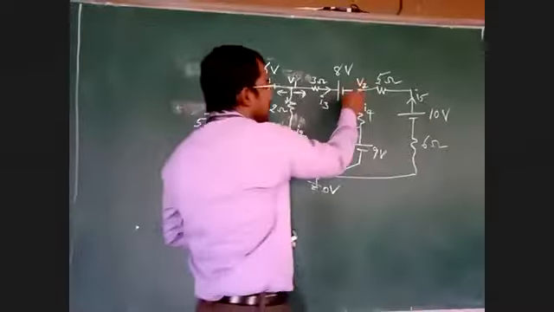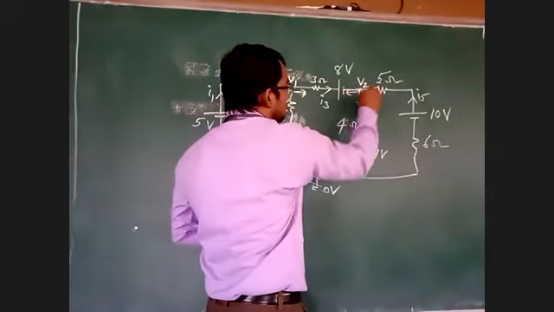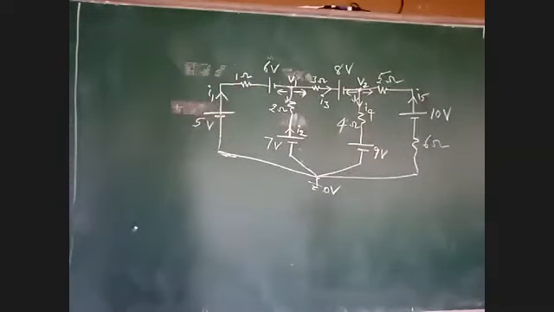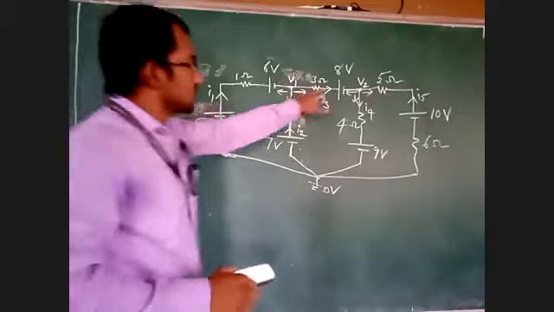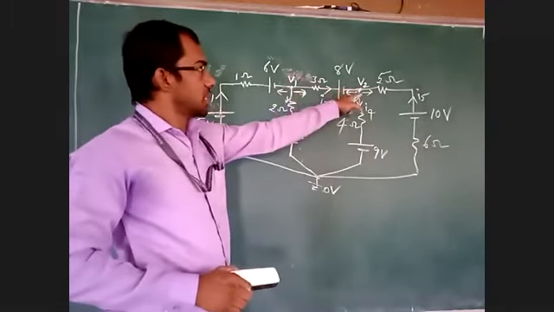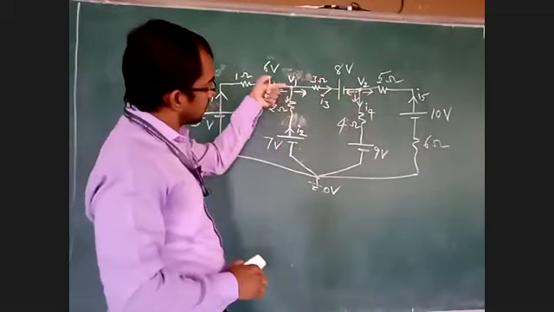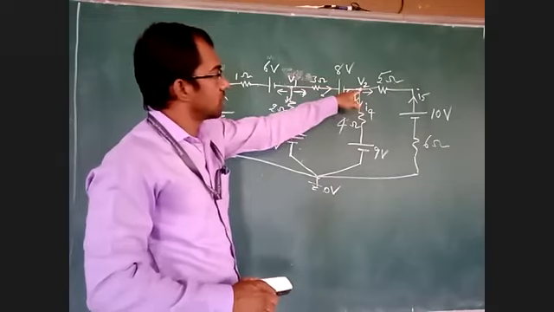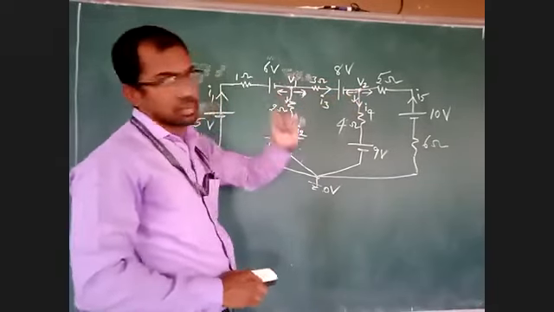Now come to V2. Assume here also all the currents are leaving from the node point. Now this branch is connected between V1 and V2, and this arrow was from V1 to V2. But this arrow is from V2. If you are writing the first node equation, you have to take V1 minus V2. If you are writing the second node equation, you have to write V2 minus V1.